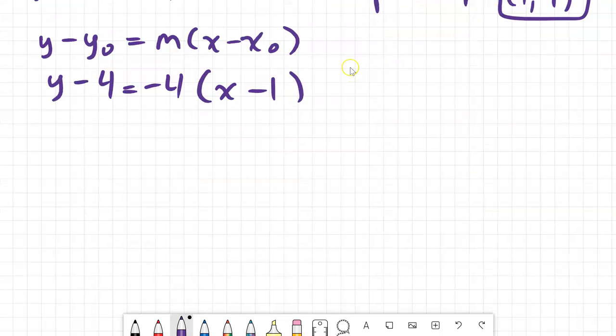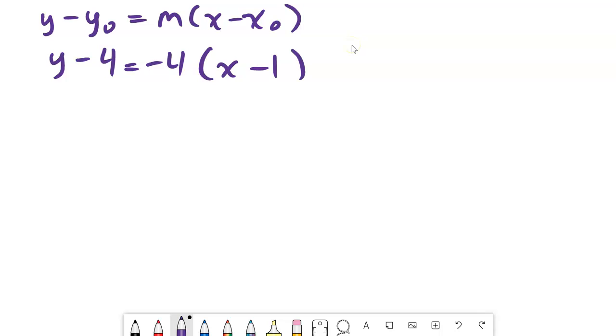If you really want, we can simplify this further and bring it to y equals, and that's fine too, but doing a lot of extra work, you might make a mistake. If you're not careful, you could make a mistake converting it to slope intercept. So this is the tangent line. Not too bad.